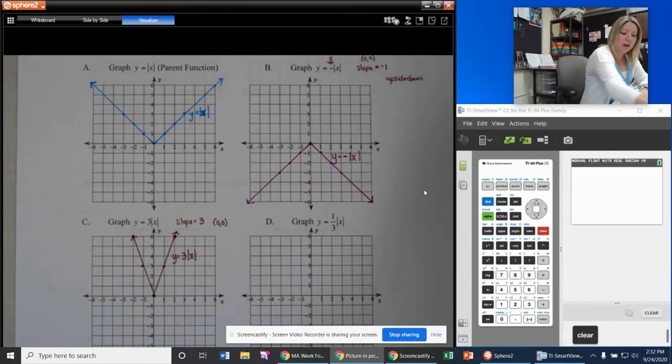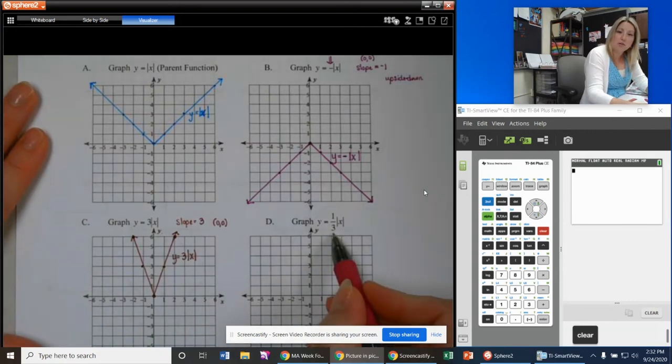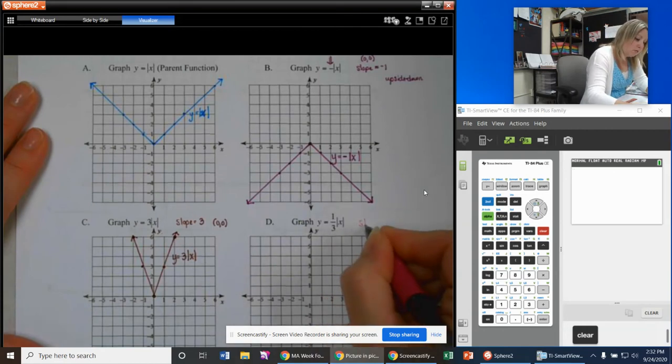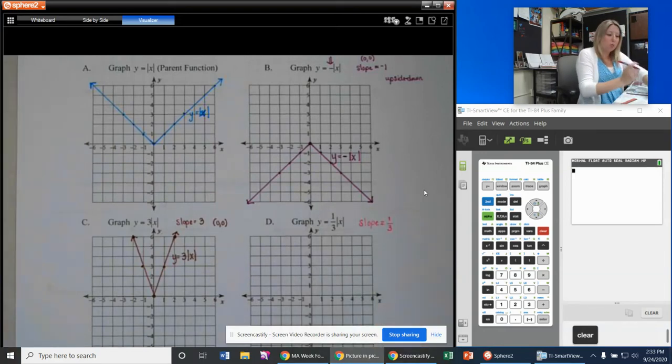All right, let's see. We've used that, that. Oh, my aqua kind of got in the mix. Oh, let's go pink. The only color to wear on a good Wednesday. Now your slope is 1/3. Okay, so this is actually going to be much wider.